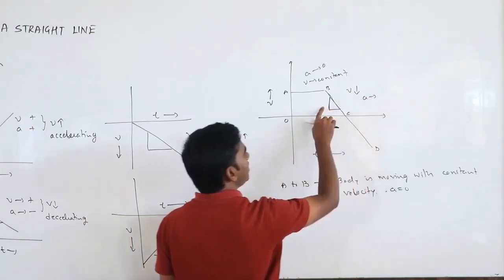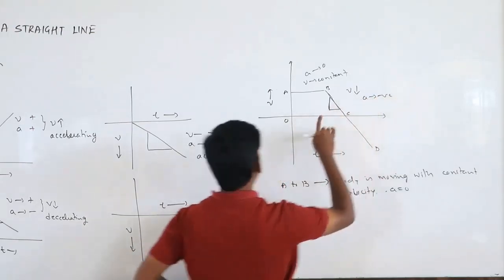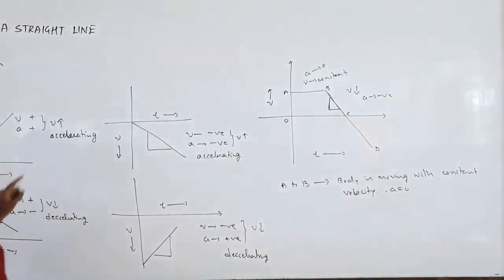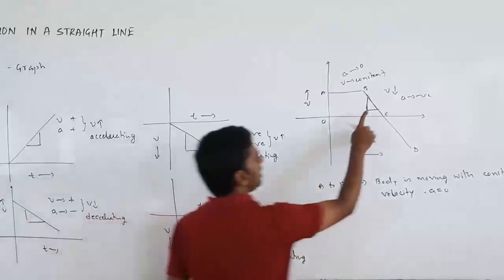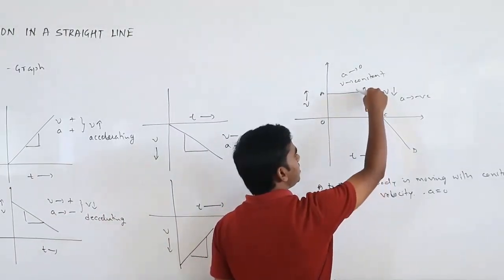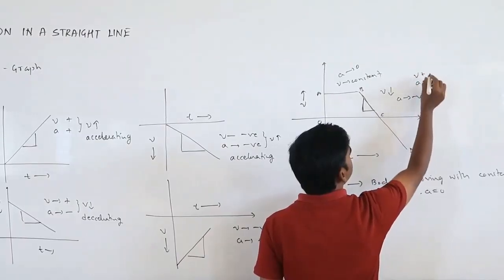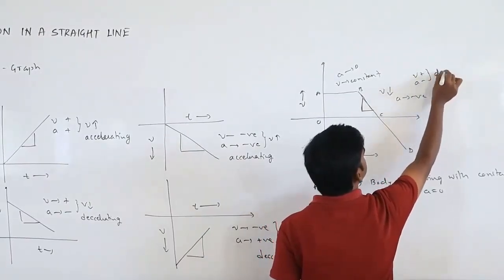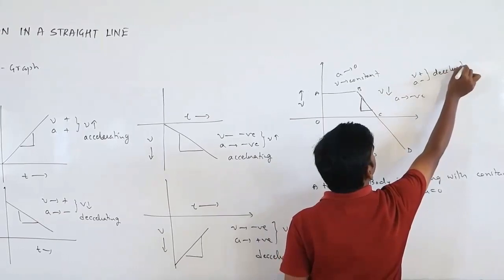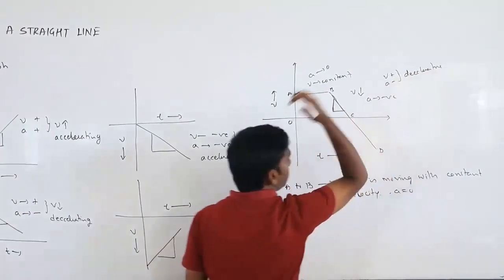Acceleration is going to be negative here. If you look at this graph, A is negative. That means velocity is decreasing. So V is positive and A is negative. You can say that it is de-accelerating, or you can say it is retarding.